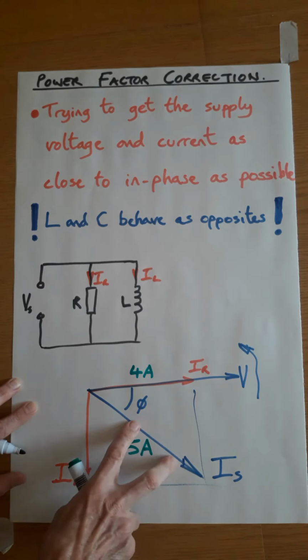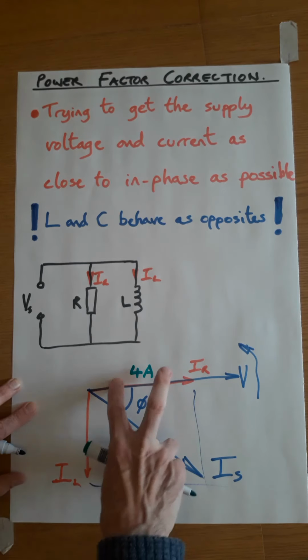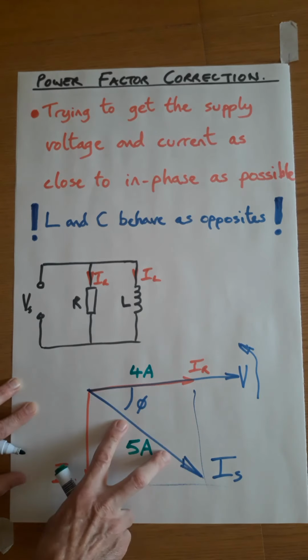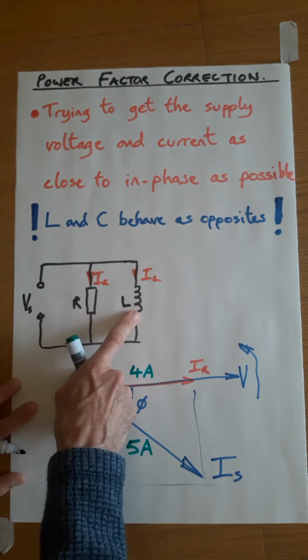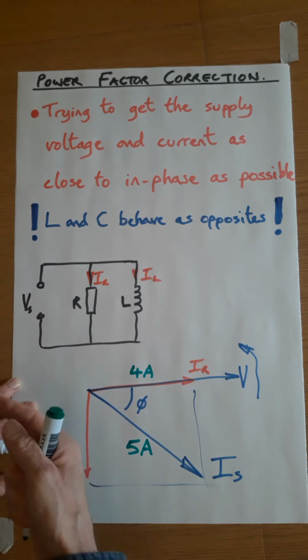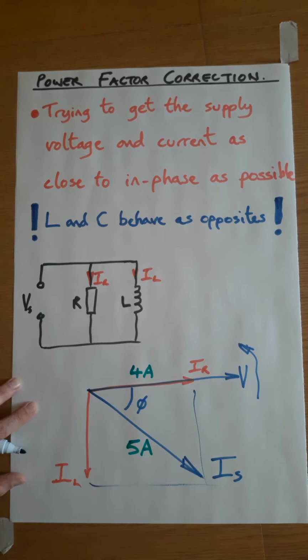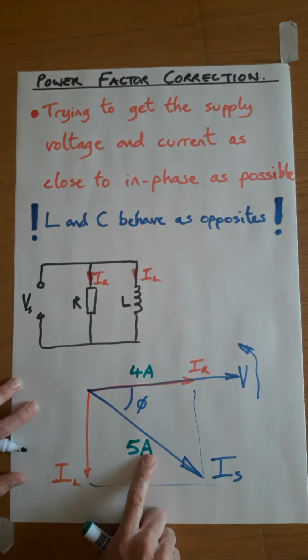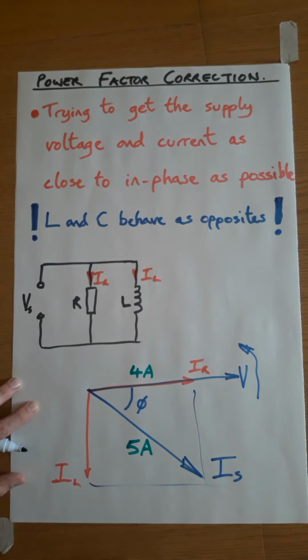Quick look at this. This is 25% bigger than that. So just because we have a coil of wire, a motor, a magnet, a solenoid, whatever it is, in a circuit, it's going to cost us 25% more to run it just because it's got a magnet in it. So we need to find a way of getting around that.